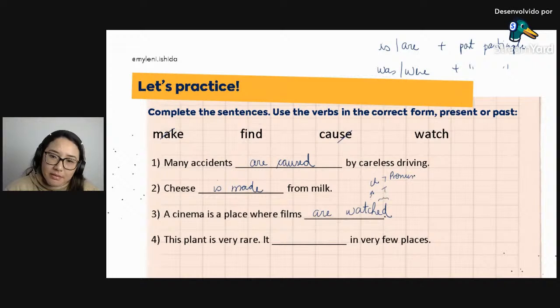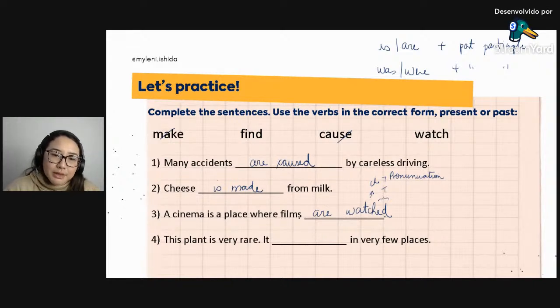Pronunciation. So here I say watched, watched, okay? Let's repeat. Watched, watched. I guess you are doing that where you are, right? So you have to pronounce it as a T, okay?